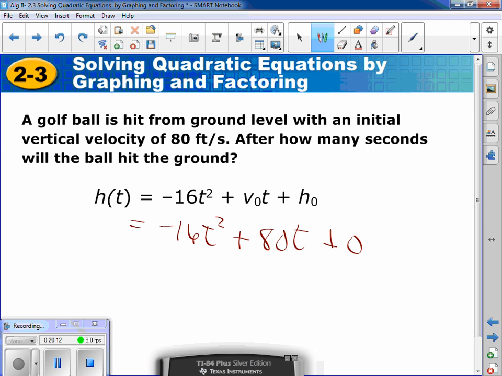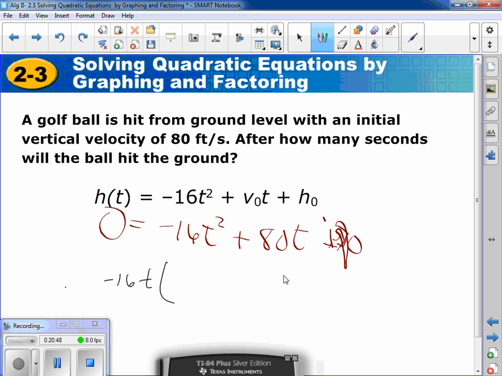So what I want to do is find out when's the 0. Now this right here I'm just going to scribble out because we don't need that there, right? You have negative 16t squared plus 80t. We're going to look at what do they have in common. They both have a t. Anything else? 16 does go in 80. So I'm going to take out a negative 16 just to make it a little bit easier on ourselves.